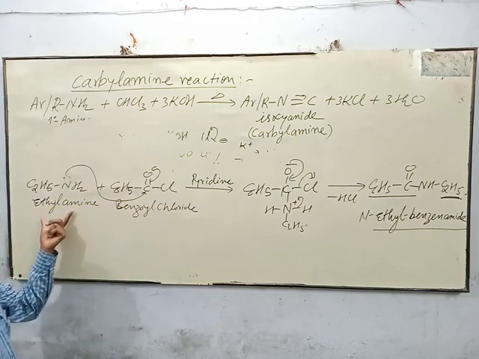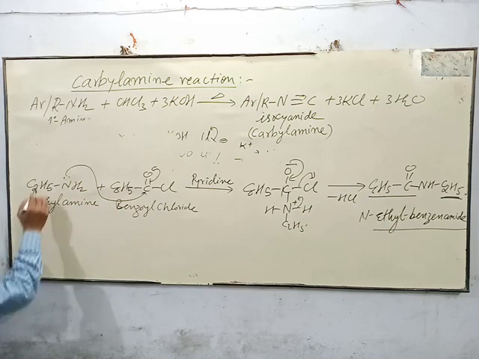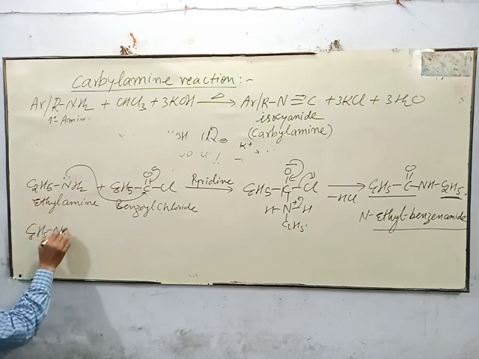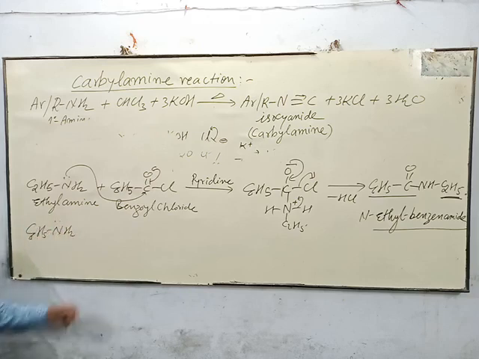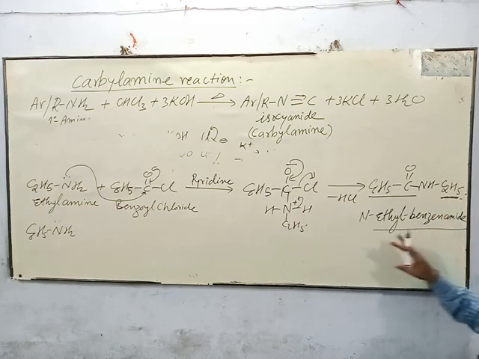When aniline is taken in this place, meaning C6H5NH2 is used, when benzoyl chloride and aniline react in the presence of a base, N-phenylbenzamide is obtained.